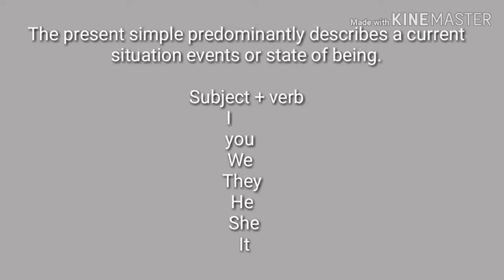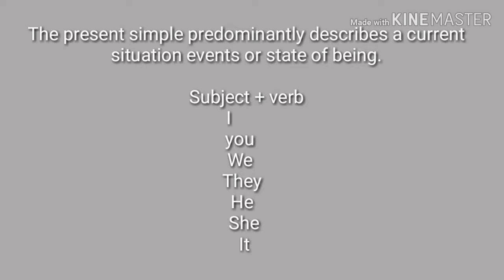Now, the simple present tense is formed with a subject and a verb. What are the subjects? I, you, we, they, he, she, and it.